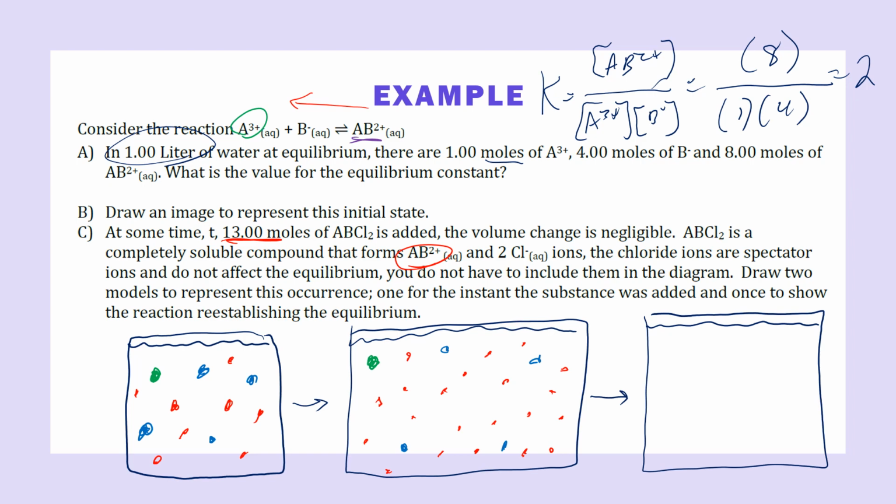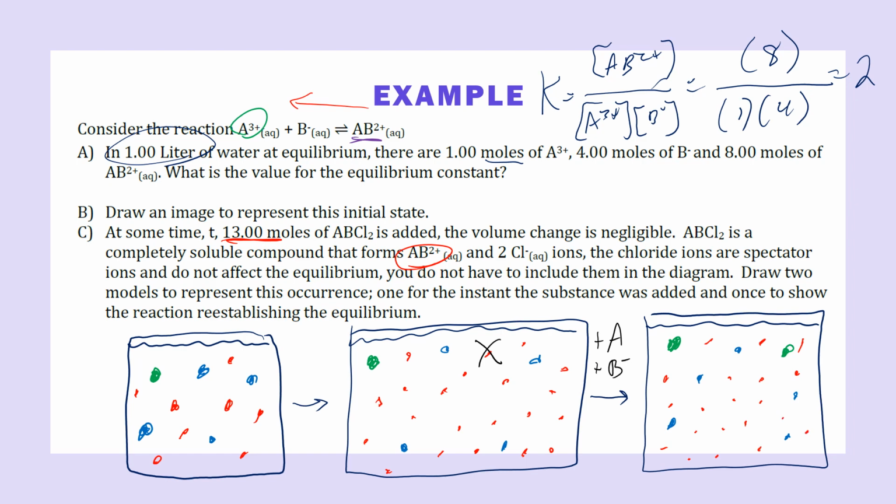And if I were to perform that reverse reaction just once, one of the AB2s will get used up, and we will form an extra A, and we will form an extra B. So that means in our equilibrium system, we will now have 2 of the A's. We will now have 5 of the B's. And we'll go down to just 20 of the AB2s.